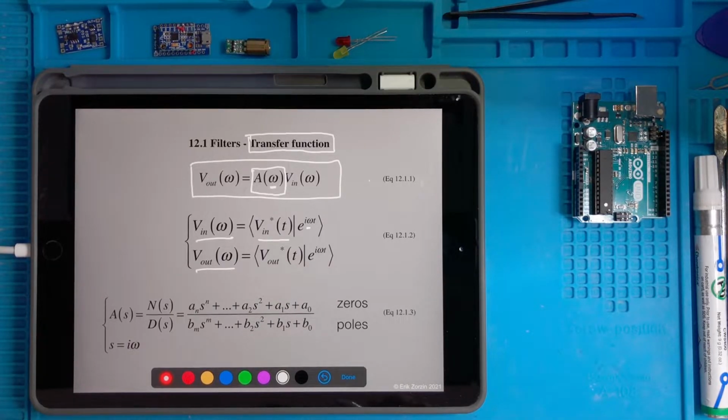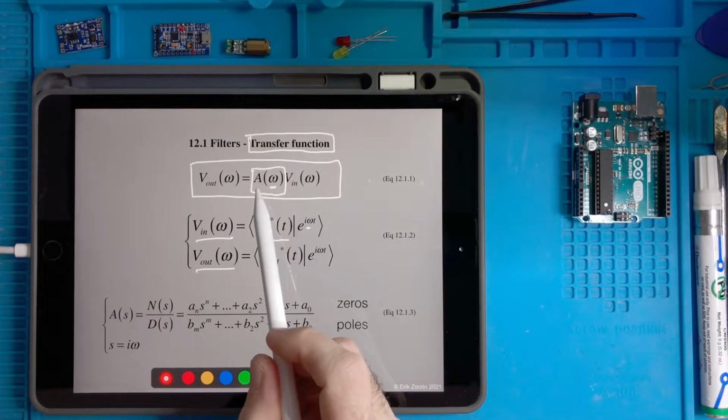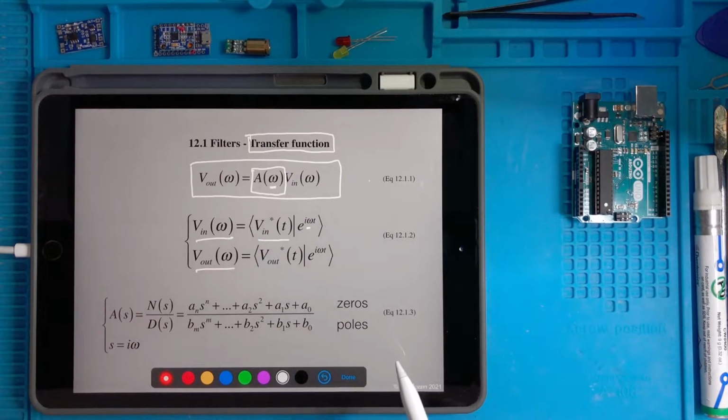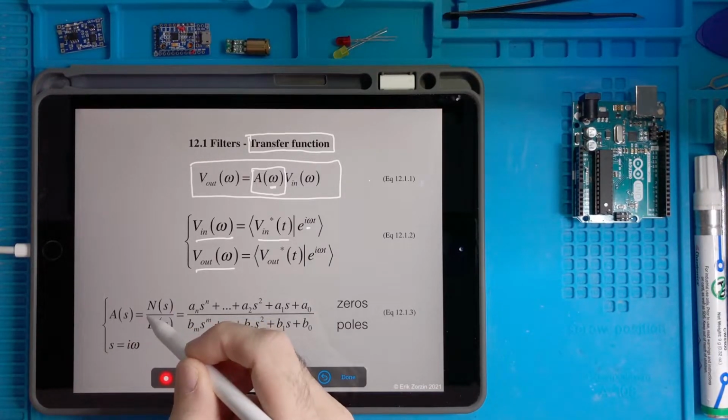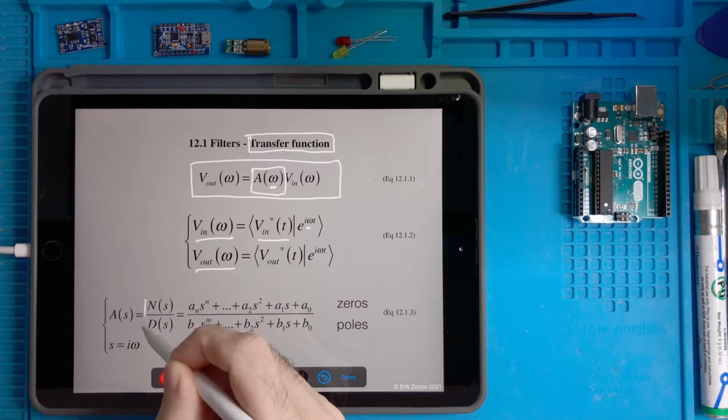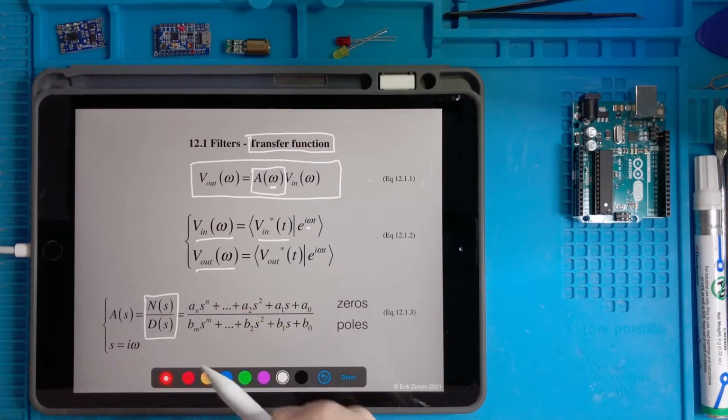And now what we will study is a simpler case, which is the case where this transfer function A, that in principle can be any function, can be expressed as the ratio of two polynomials.